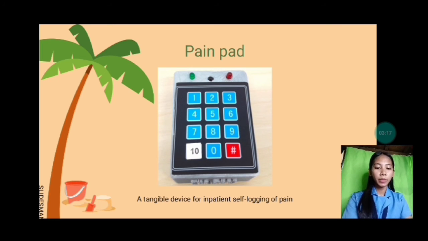This 2-hour interval was based on the hospital's desired clinical target for collecting pain data. Each time a pain rating was due, alternating red and green lights flashed on the PainPad for up to 5 minutes, and an audio notification of a few seconds sounded. The patient's pain rating was automatically timestamped by the PainPad and stored in a secure database.